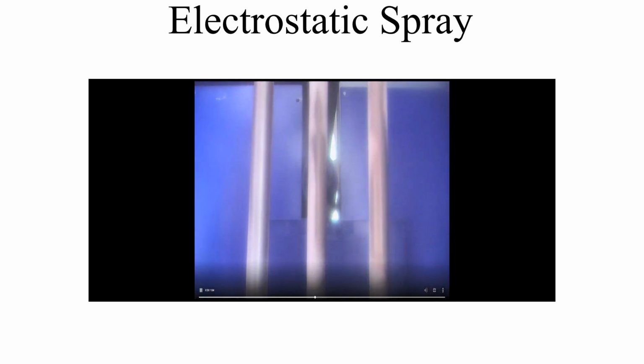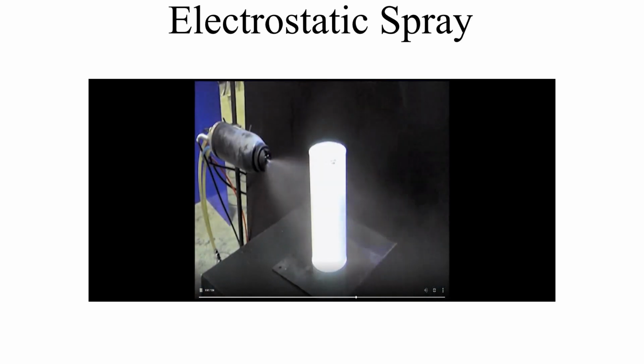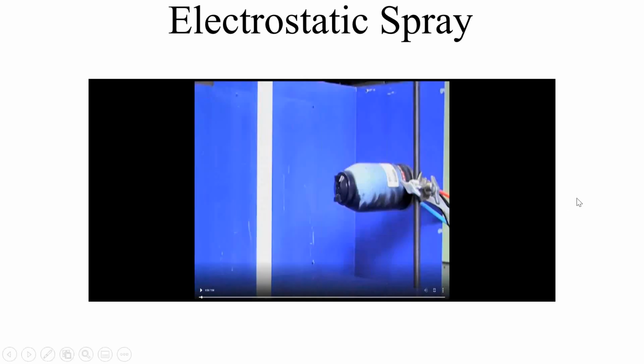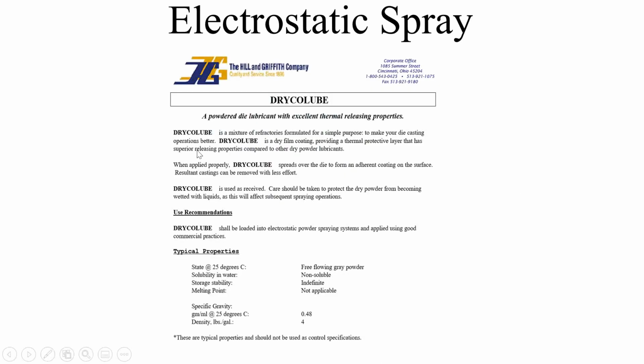Here the spray is directly opposite us, and we're getting that spray to go all the way around that material. Okay, so we get the sense of what the electrostatic does. Here is the Hill and Griffith material, this dry lube.